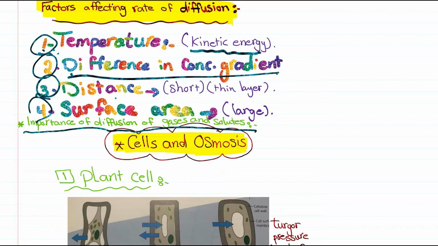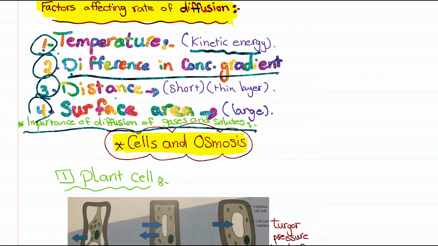The product of photosynthesis is oxygen, and the oxygen diffuses out of the leaf, from higher concentration to lower concentration in the air.